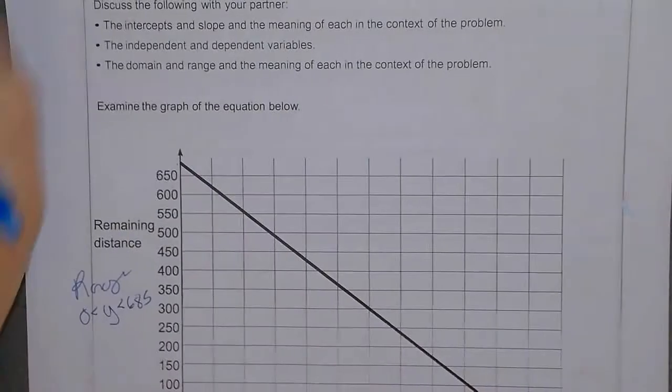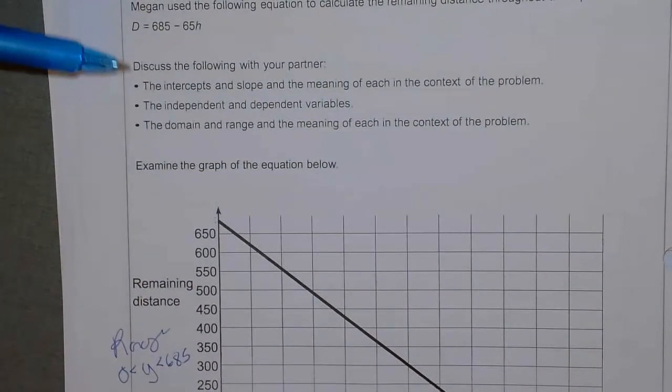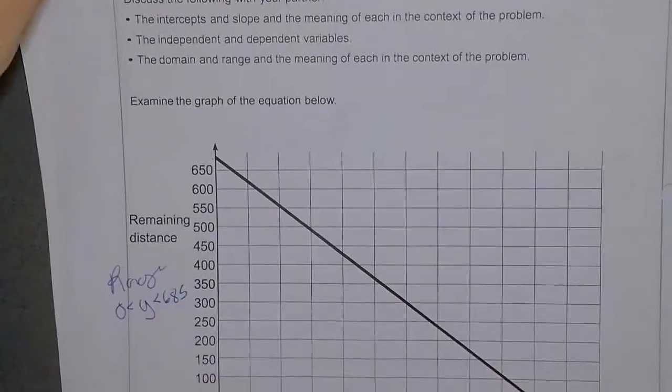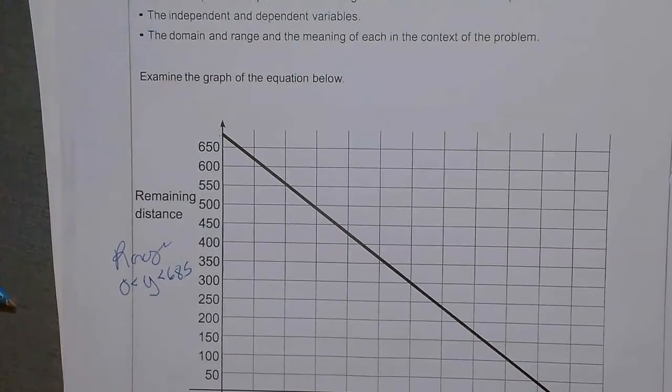So I think this is the last problem that we're going to do in the packet. It says Megan's Disney vacation. So discuss the following. What's the meaning of the slope? What's the meaning of the independent and dependent variables, the intercepts, domain, and range?